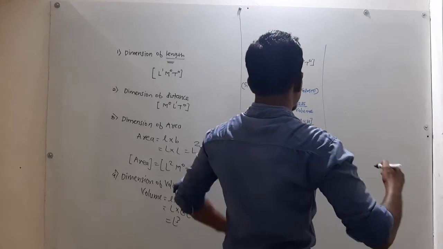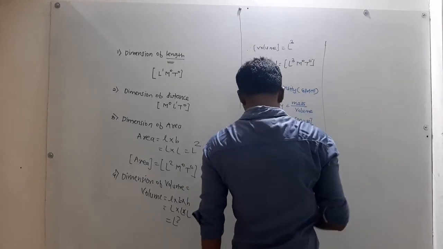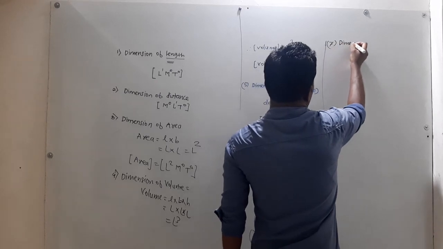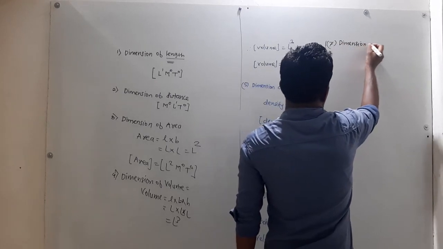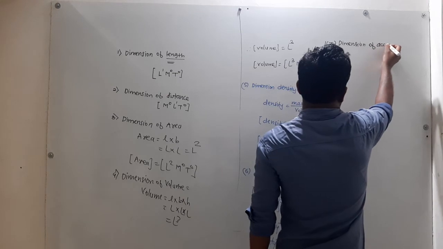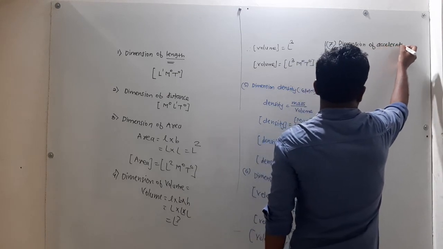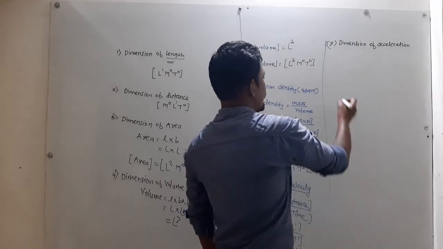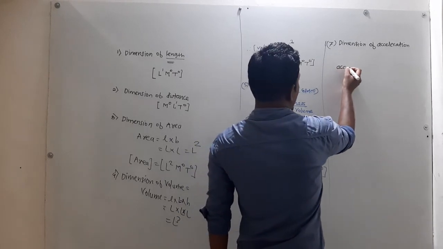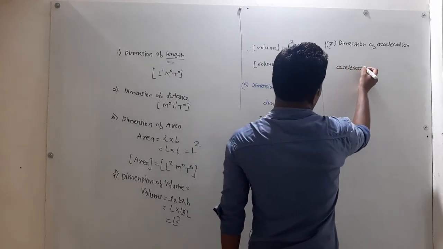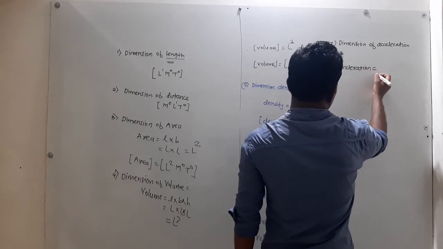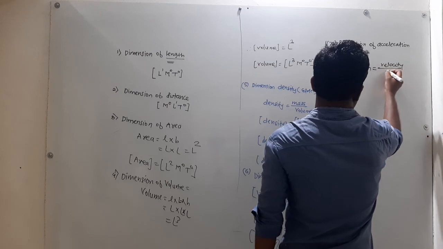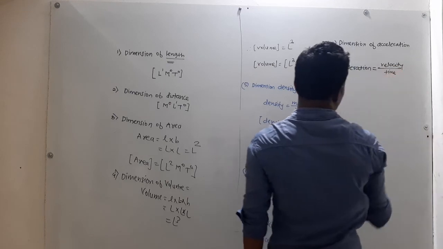Next, dimension of acceleration. What is the formula of acceleration? Acceleration is equal to velocity upon time.